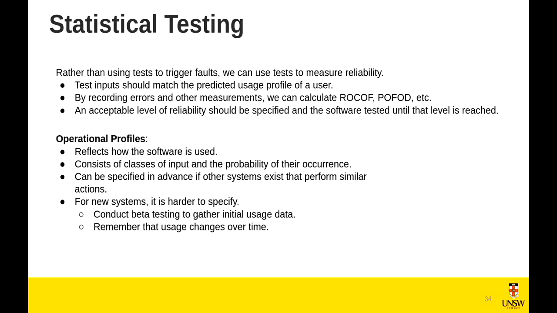If a feature is frequently used, then we can have a higher probability for the inputs related to that feature. So this is why we need to have this. It could also be specified in advance if other systems exist that perform similar actions. So we can borrow the operational profile from other systems similar to our target system. And of course, for new systems, it's often harder to specify.